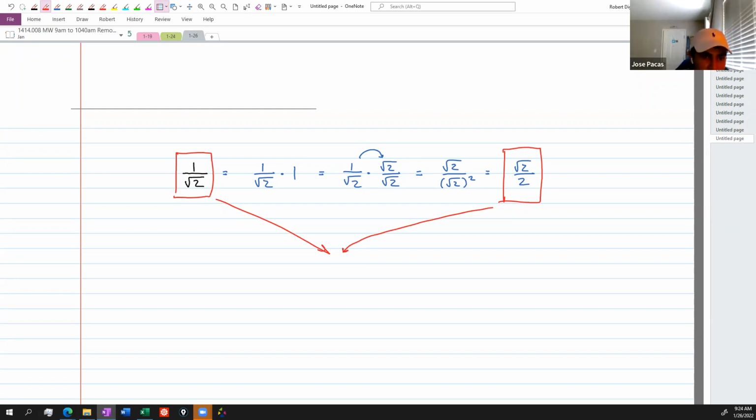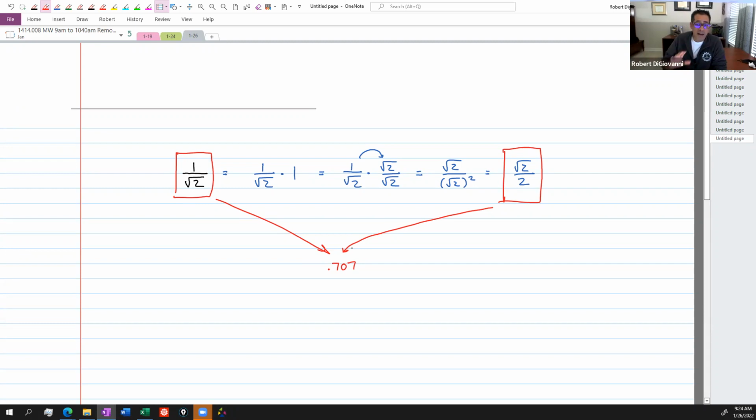Okay, what did you get though as a decimal? 0.707. You got 0.707, something like that? Yeah, and then it keeps going. Yeah, right? Okay.